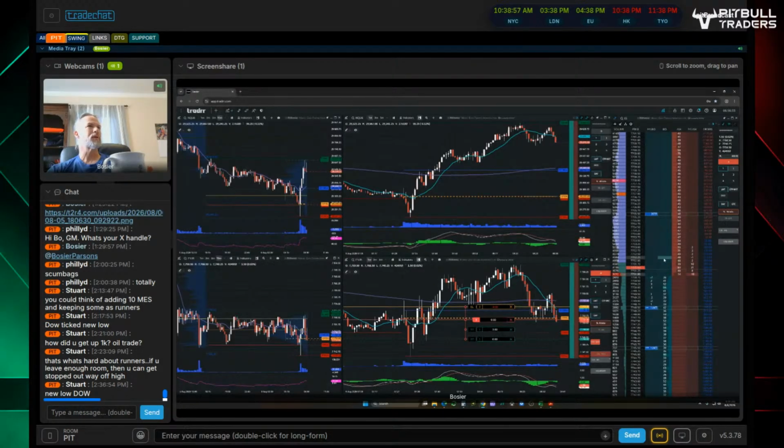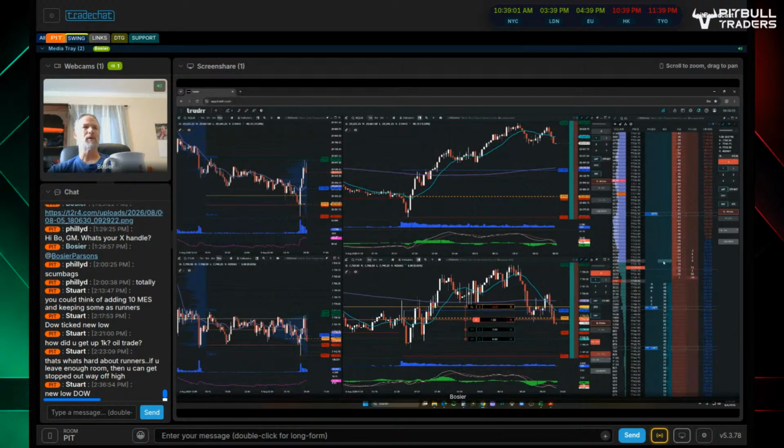They may be sucking me in here just to face rip them, but with NVIDIA eyeing lows, maybe they'll sweep it back down. Tough trade, guys.